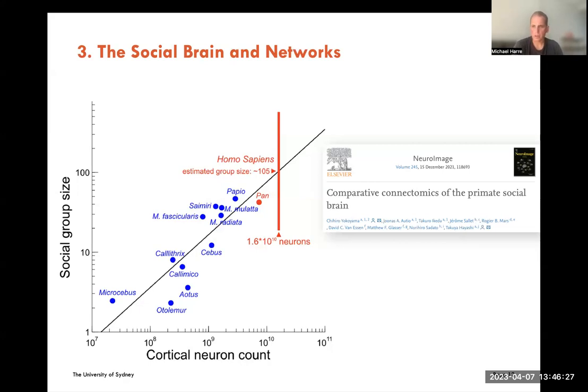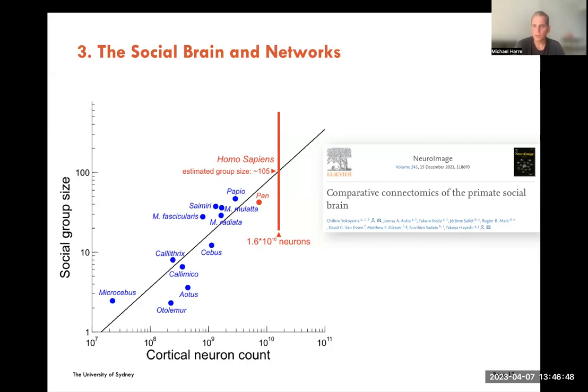So there is a correlation, a correspondence between brain function or brain capacity, cognitive capacity, and the size of our social groups, and that this is not some breakaway event in human evolutionary history.